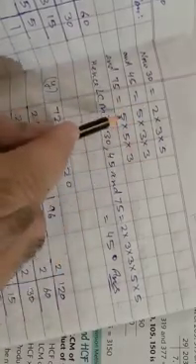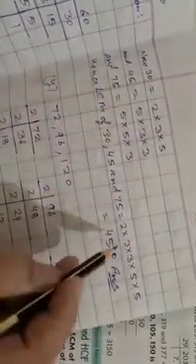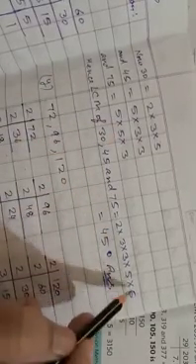And 5 occurs a maximum of 2 times, so we write 5 into 5.